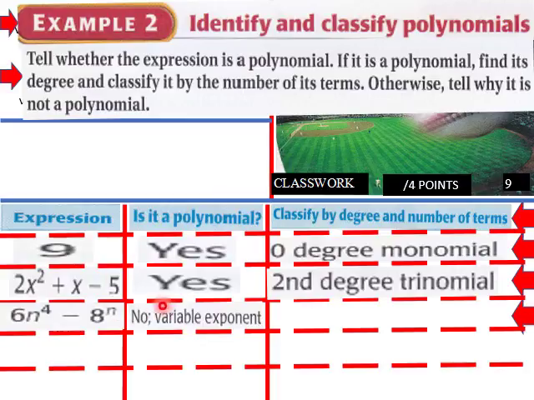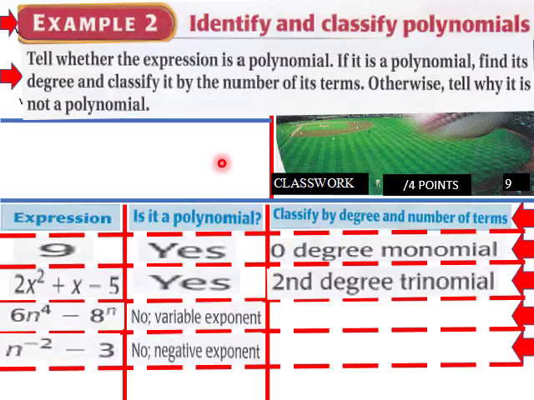No variable exponent, so we have a variable up here in the exponent. It means it's not a polynomial. Same thing here, we have a negative exponent, so that's classified as a non-polynomial, negative exponent.